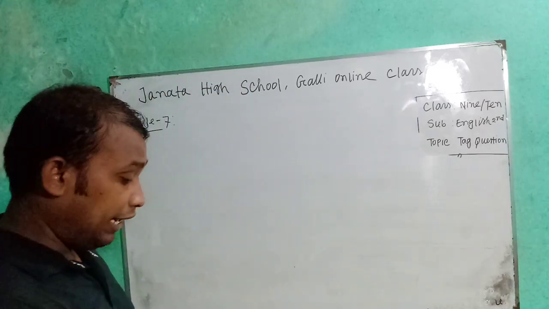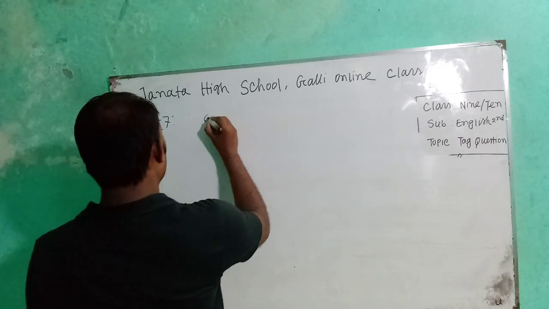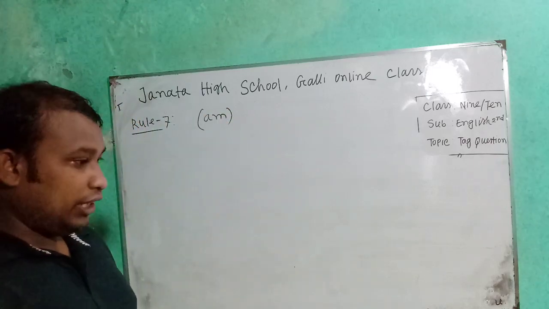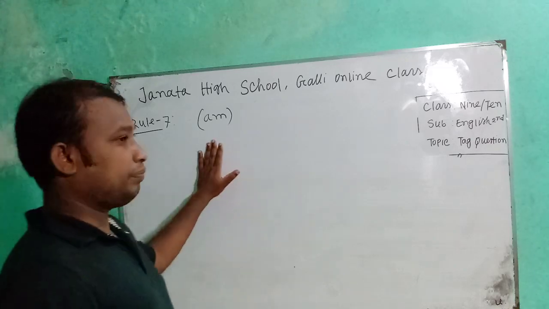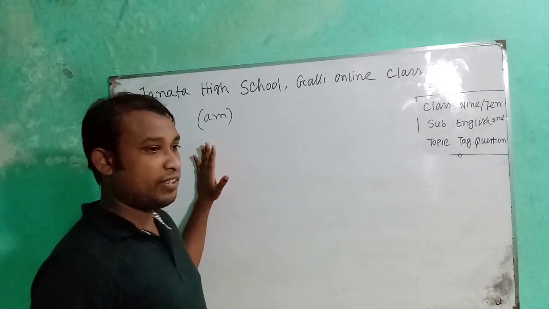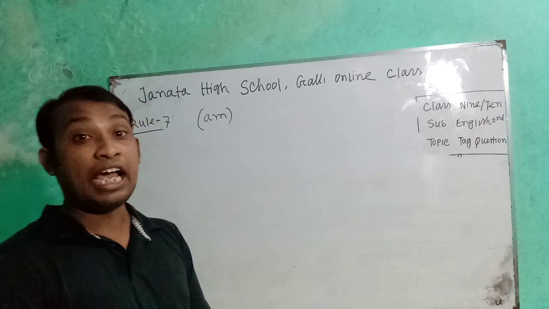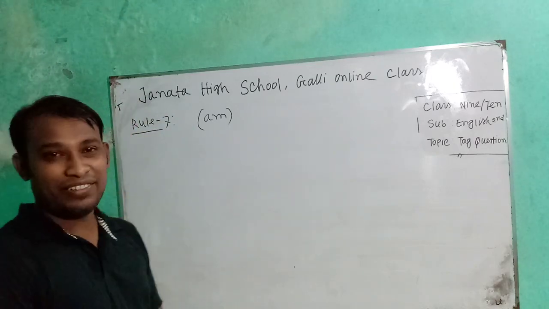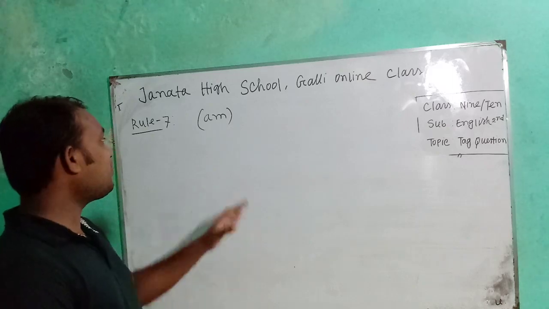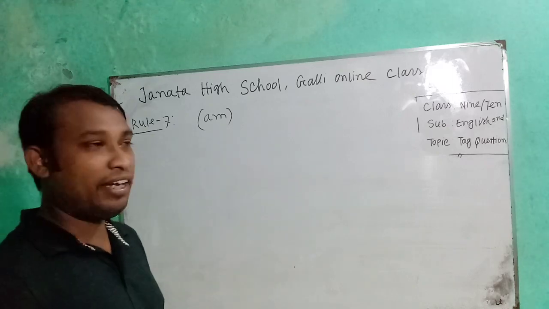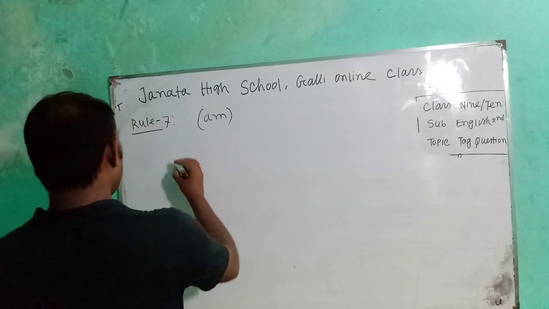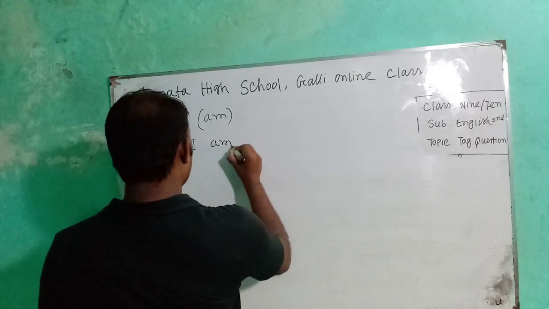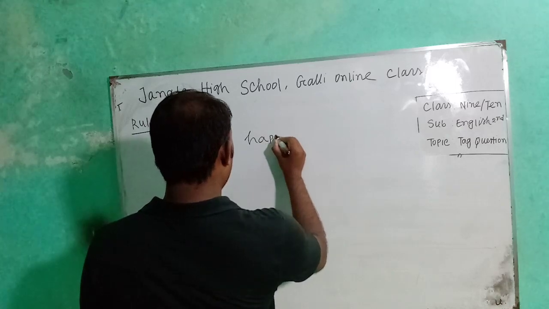Next rule. Am. If we find am in a sentence, we have to use are or aren't, but not amn't. We have to use are or aren't. Example. I am happy.